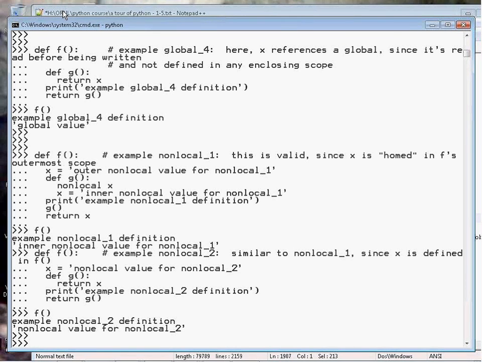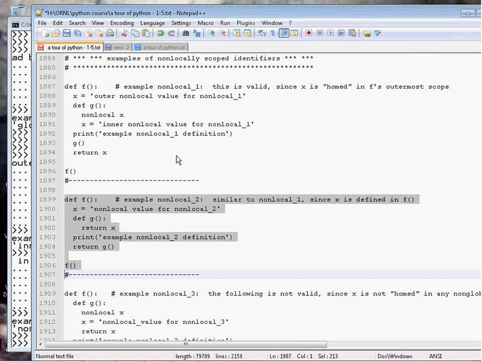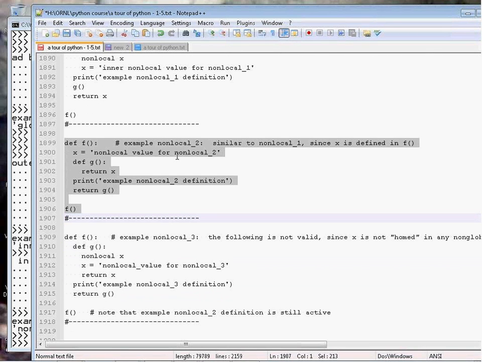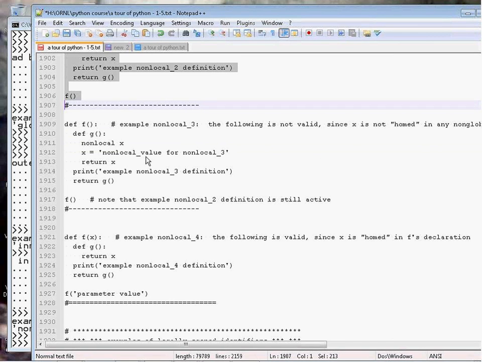Okay, third one, in 1909, is the interesting one. Now, pause for a minute after this. Look at the syntax here.